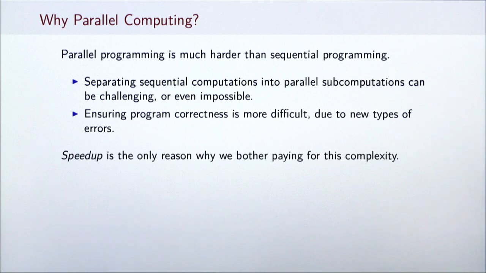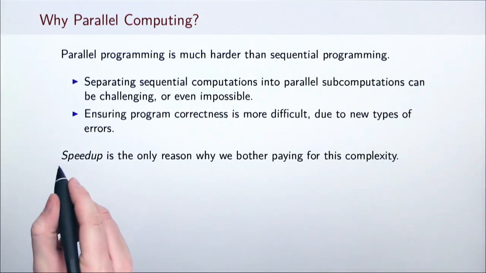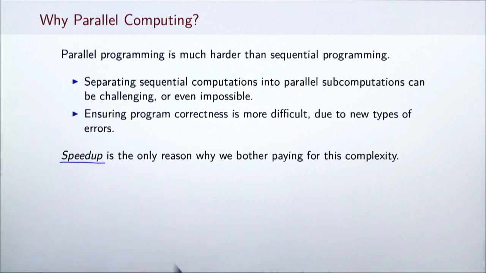As shown in earlier anecdotes, the main benefit of parallelization is increased program performance. When we write a parallel program, we expect it to be faster than its sequential counterpart. Thus, speed up is the main reason why we want to write parallel programs. In fact, achieving speed up is the third source of difficulty in parallel computing.